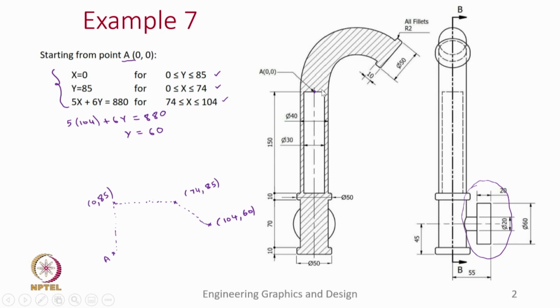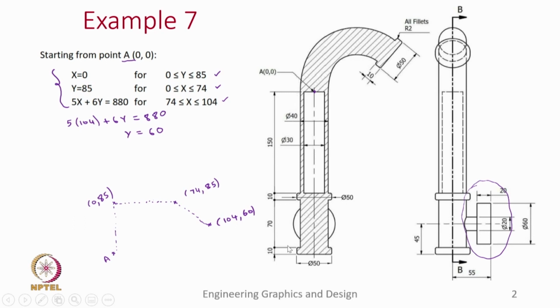So, instead of stopping at the spline portion, I will also continue with a vertical line, because I see that the cross section remains constant not just in the spline, but all the way down till let us say this 150 plus 10 plus 70, because the last 10 is at a different diameter. That we will do later, but at least this 150 plus 10 is 160 plus 70 is 230.